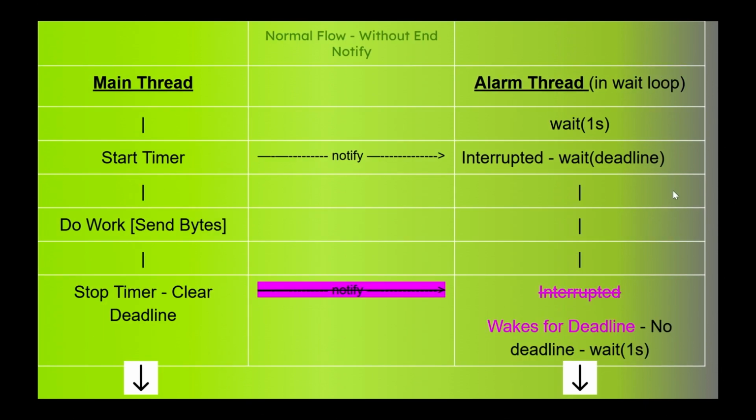Why do we care to notify it that it stopped? We don't really care, because it's going to wake up and notice that the deadline's cleared anyway, and it's not going to bother interrupting us. So we can just eliminate that notify. That's what I did. Now when it wakes up, even after the stop, it notices there's no deadline, so it goes back into its wait loop and waits for the next start.